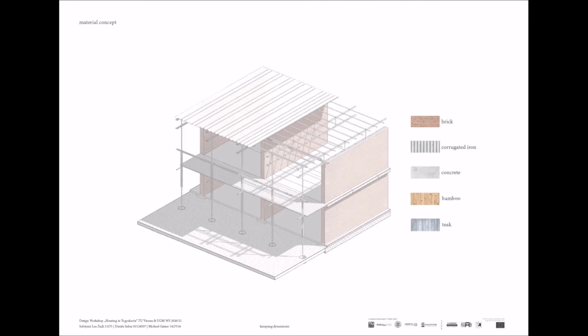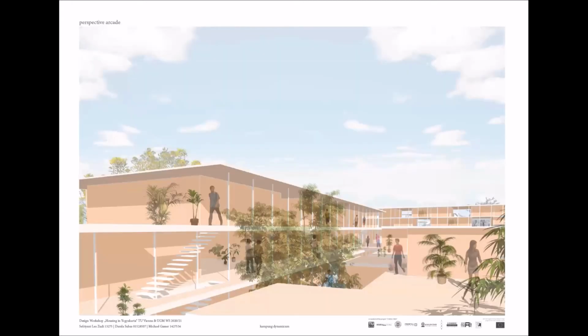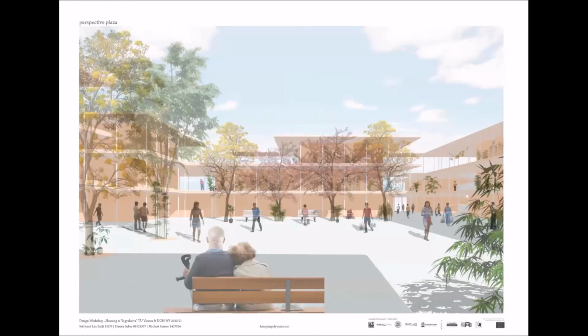For the light structure, we use wood, bamboo, and teak, and this light structure should cover from sun and from overheating. That should be the principle. And here we got one perspective to the arcades, and one perspective to the plaza.